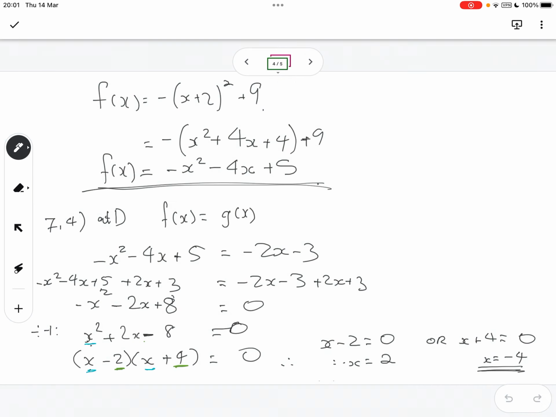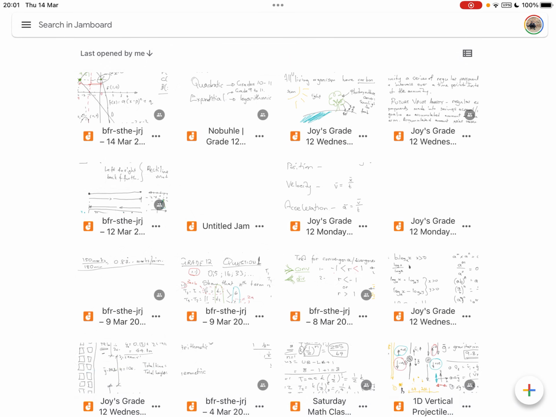And then lastly, we had to solve simultaneously for the point of intersection at D, so that we can get the value of x at D. And if the graph was reflected about the x-axis, it's just flipped upside down. So what is facing down now faces up.